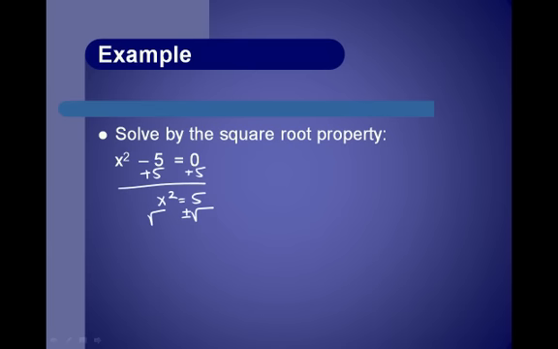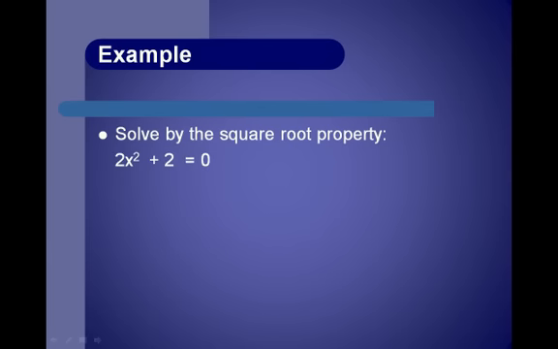We have to consider both cases on the right side. Well, the square root of x squared is just x. You can't take the square root of 5, so we're just going to call it the square root of 5. But we have to consider both cases. So our solution would be x equals positive square root of 5 and x equals negative square root of 5.